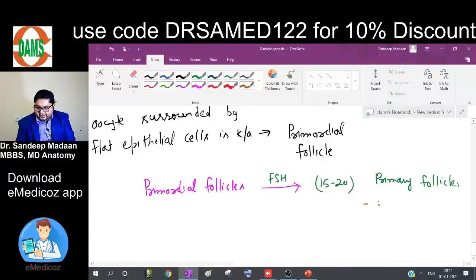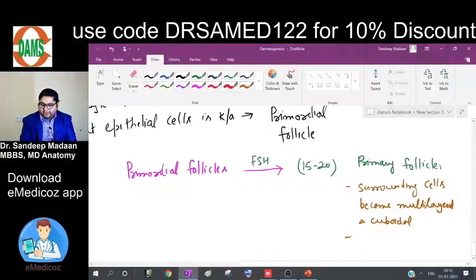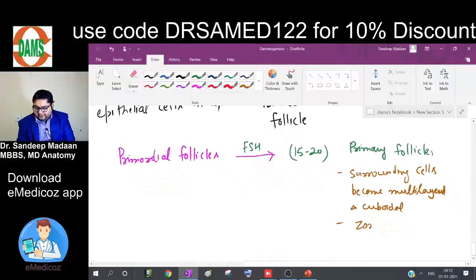The surrounding cells become multi-layered and cuboidal, and the important change is that the zona pellucida is formed.